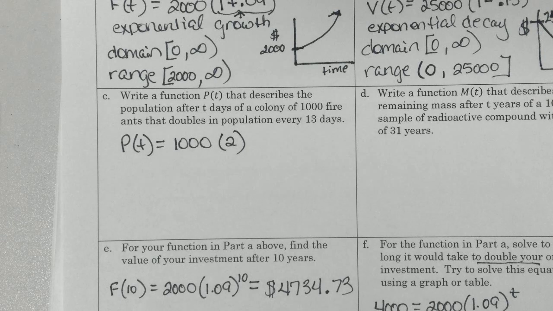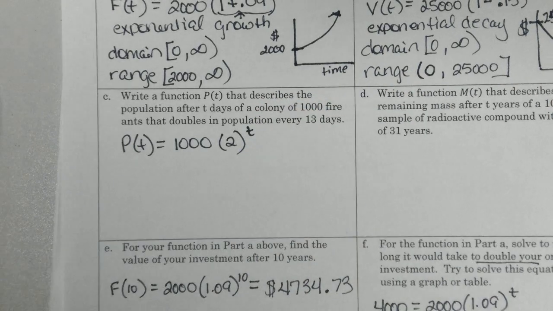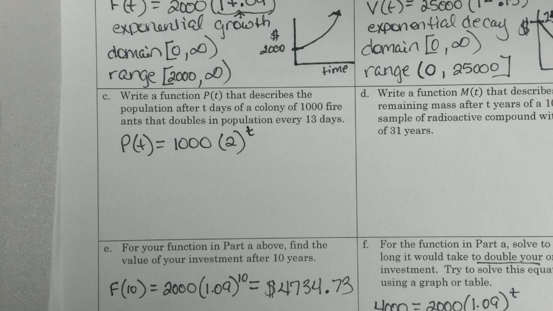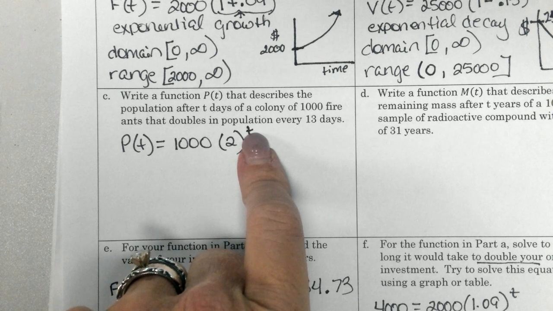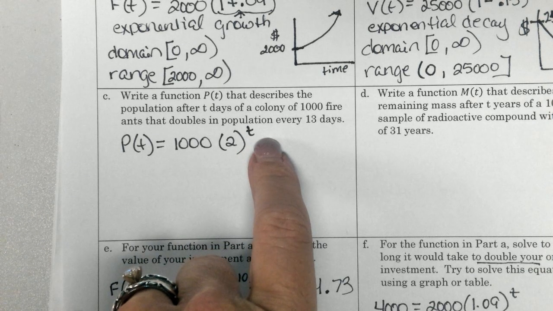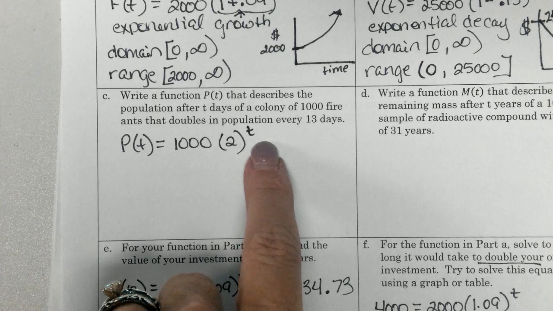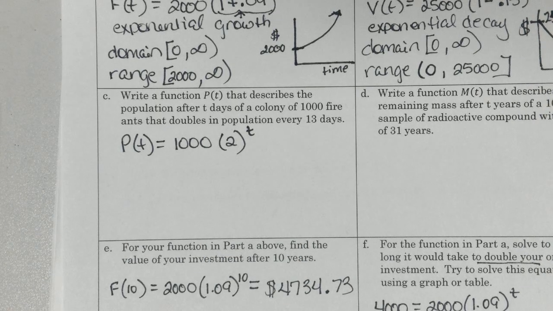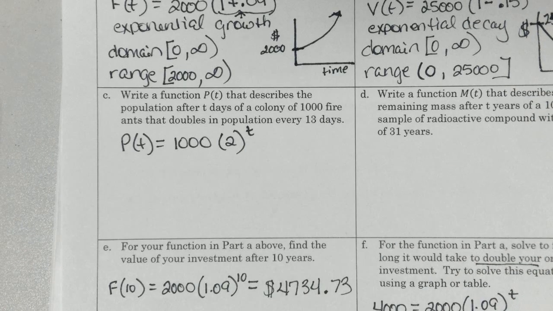So here's what we have to consider. Time is going to be in terms of days. But on day 1, have we doubled? No. When T is 13, we will double. So how can I write my exponent so that when time is 13, my power is 1?